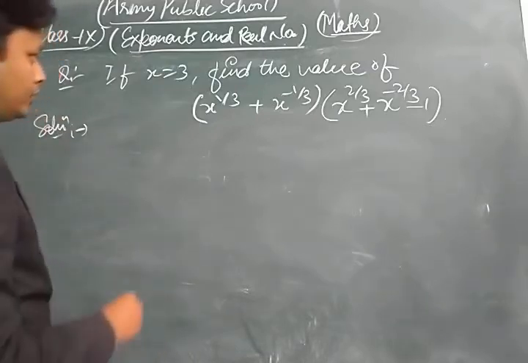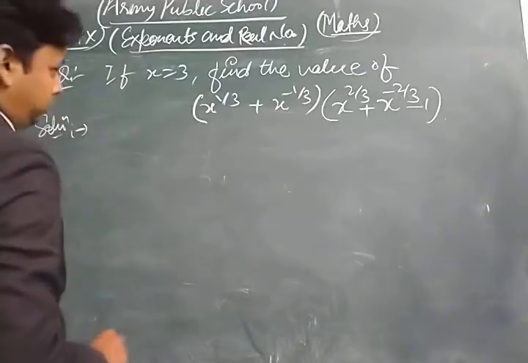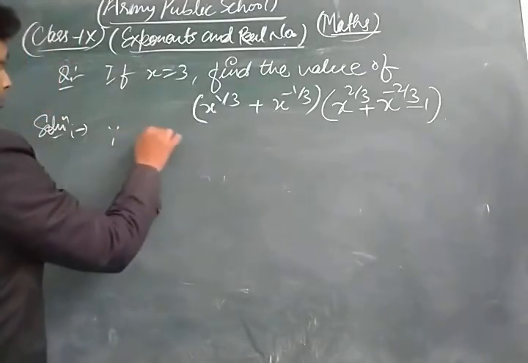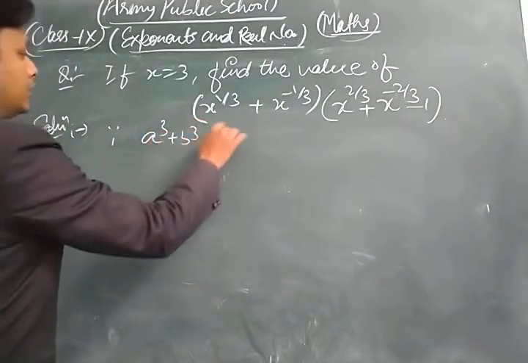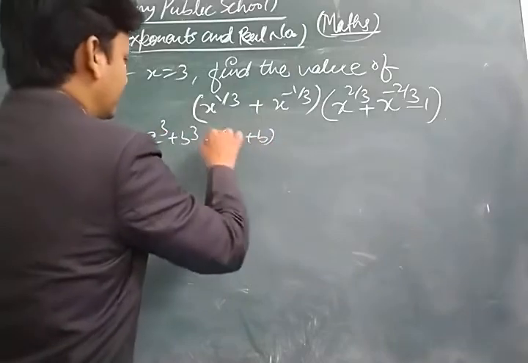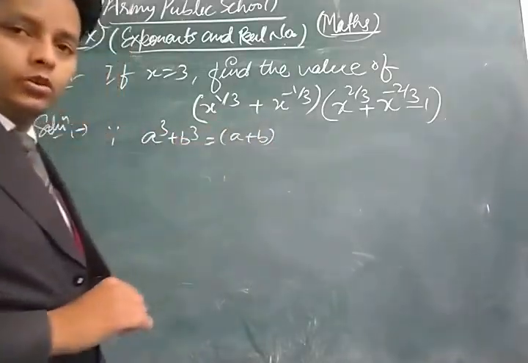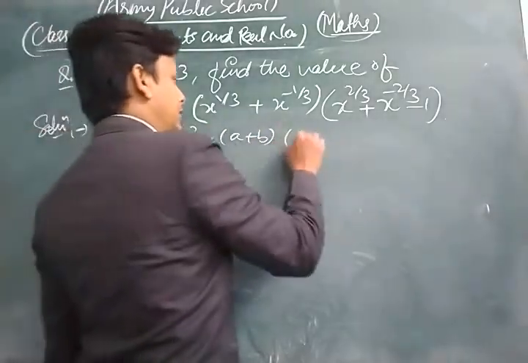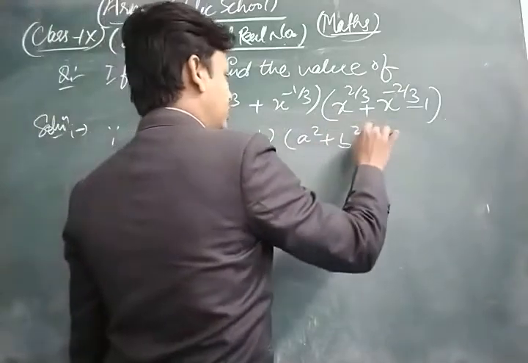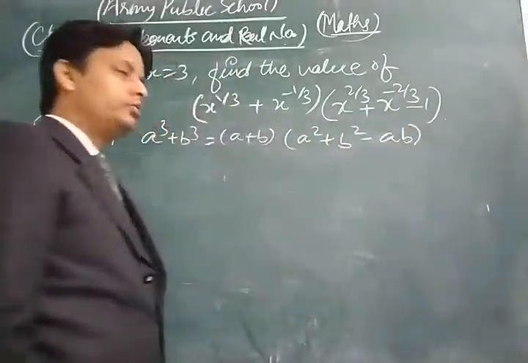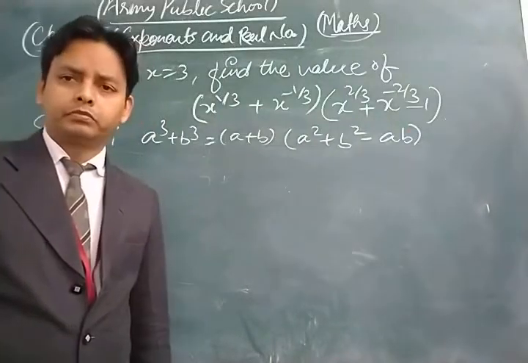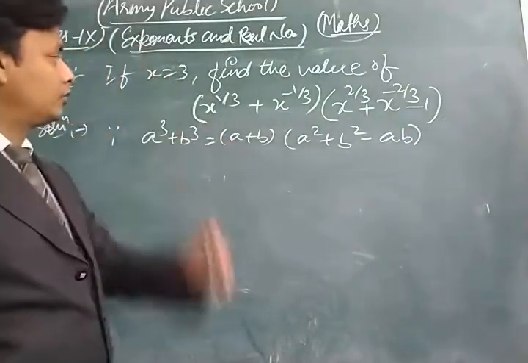Dear students, first of all, we know a very important identity: a cube plus b cube is equal to a plus b in one bracket, and in another bracket a square plus b square minus a into b. Here we have the value of x as 3.